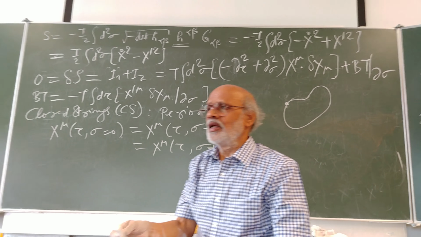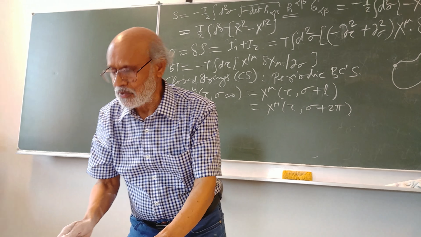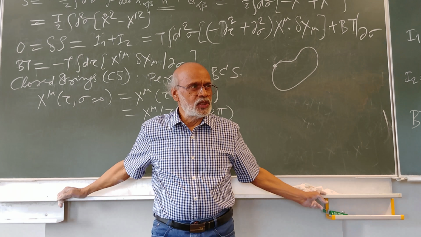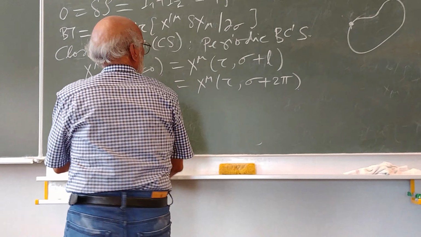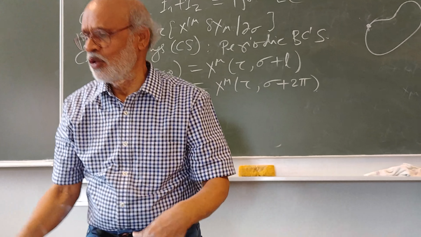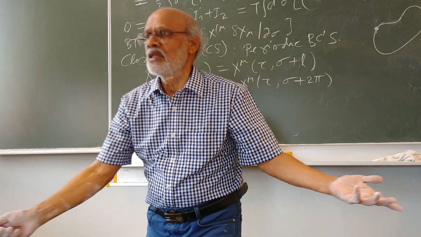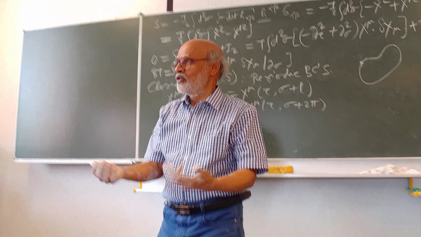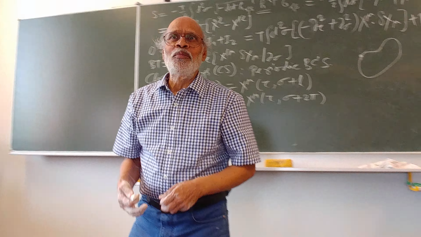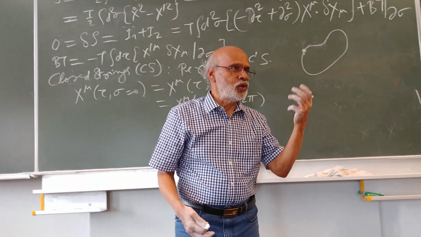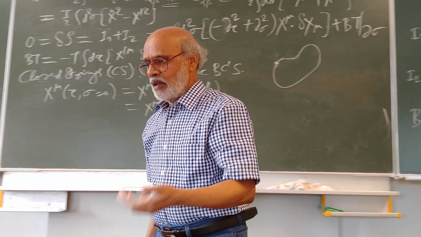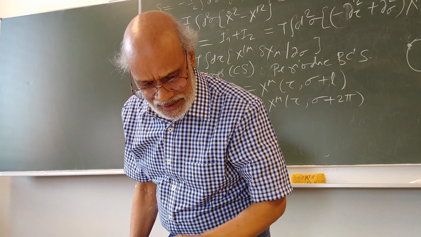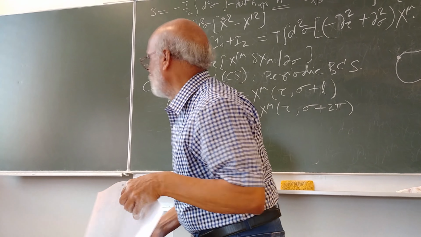Now there are a few simple alternative descriptions to understand how these boundary terms vanish for the closed string. One simple way, the simplest argument: you say a closed string has no boundary, and therefore the boundary term should not be there. That's the most simple kind of thing which comes to common sense. It should have no boundary and there should be no boundary term. That's the one thing. But we can put it in a slightly mathematical form.